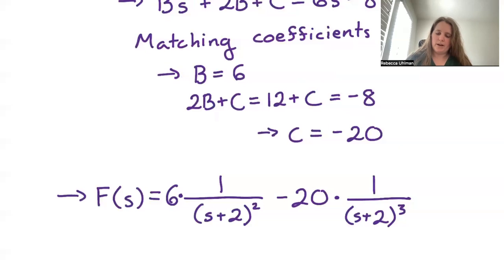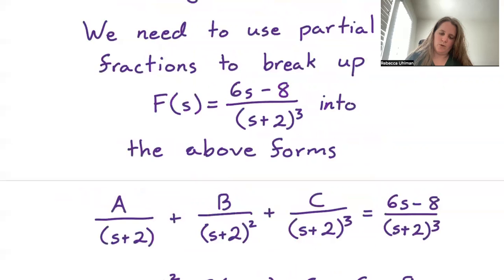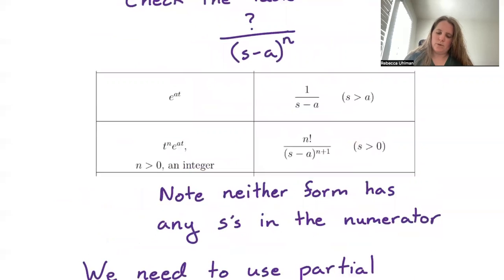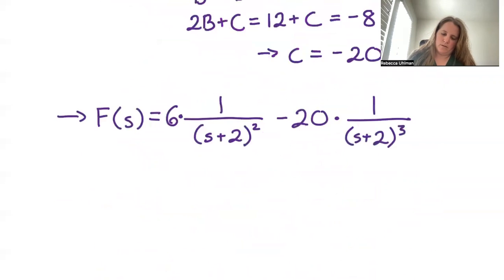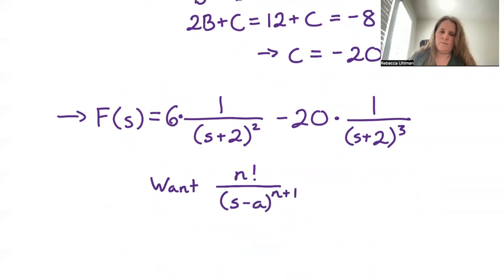Now, if we scroll back up to what the table said, we are looking for n factorial over s minus a to the n plus 1.